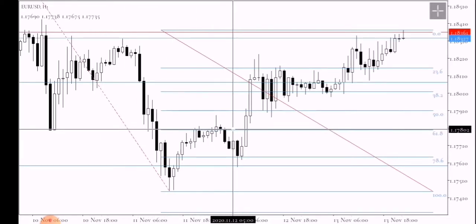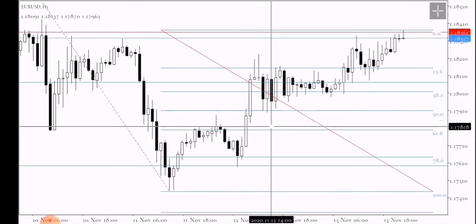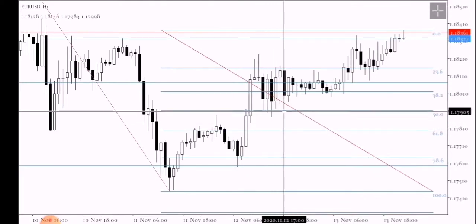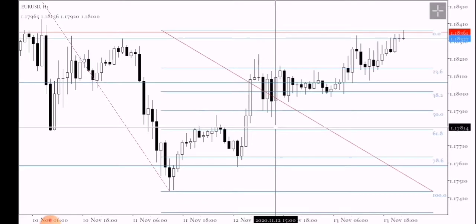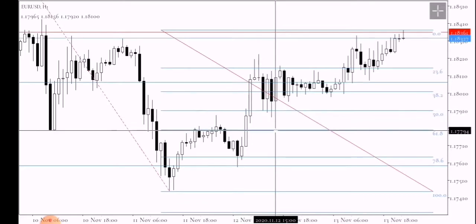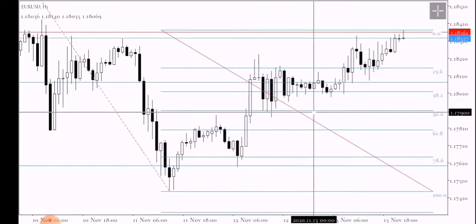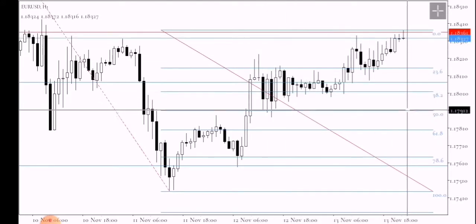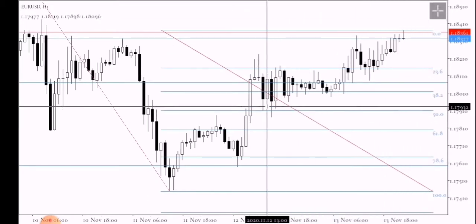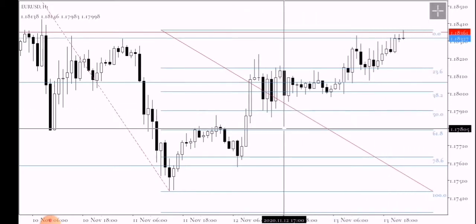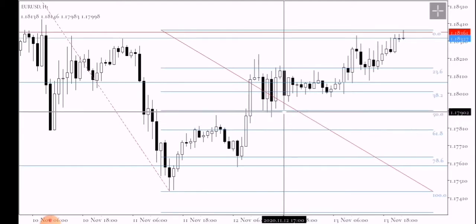So I would suggest looking for entries between these levels, 50 and 61.8, because this area over here, the wave 4, could still act as a support when the market comes down and then shoots up. So around this range you should be looking for buy entries.